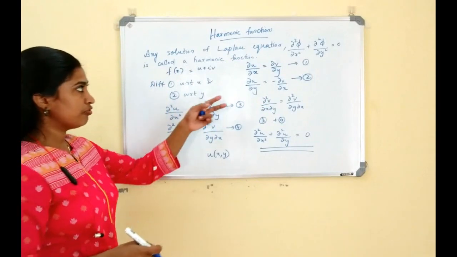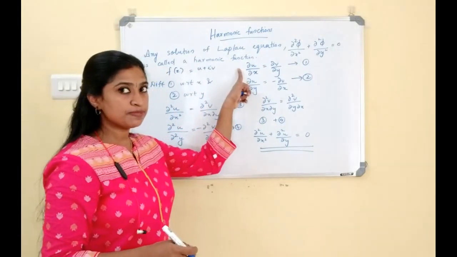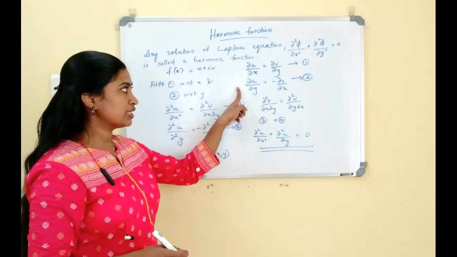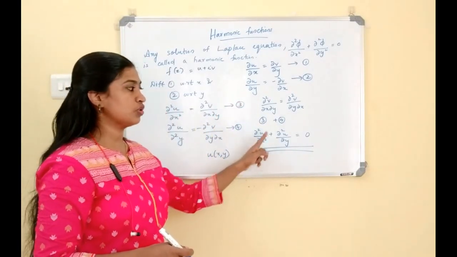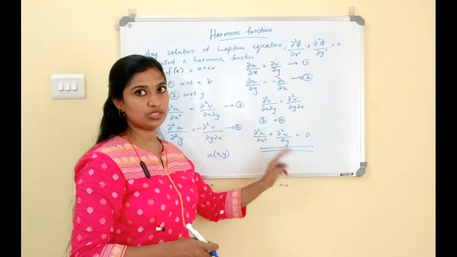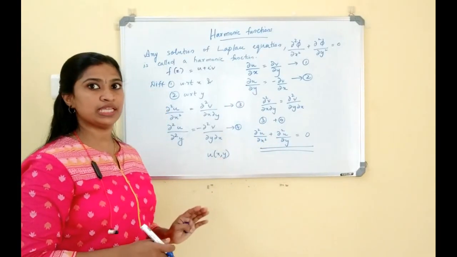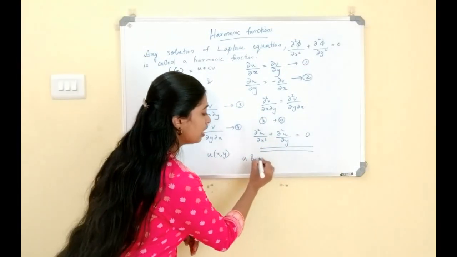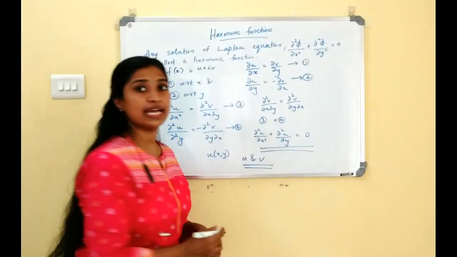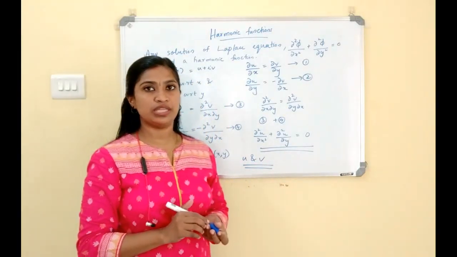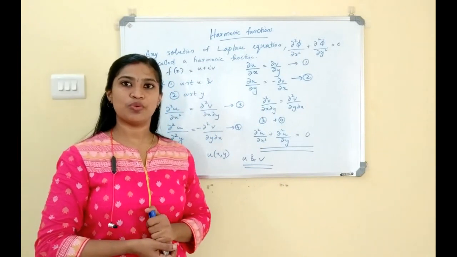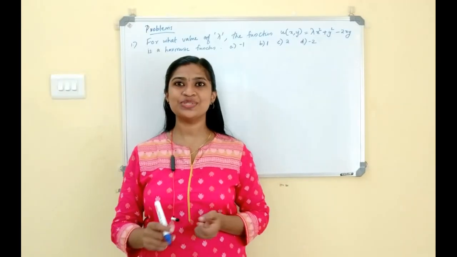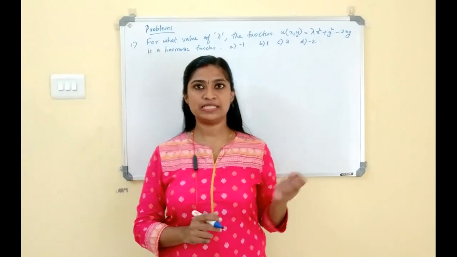Similarly, if we are differentiating the first equation with respect to y and second equation with respect to x, we will obtain ∂²v/∂x² plus ∂²v/∂y² is also equal to 0. So we can see that u and v are harmonic functions. That is, it satisfies Laplace equation. That is, ∂²φ/∂x² plus ∂²φ/∂y² is equal to 0. Now let us do some problems from these portions.